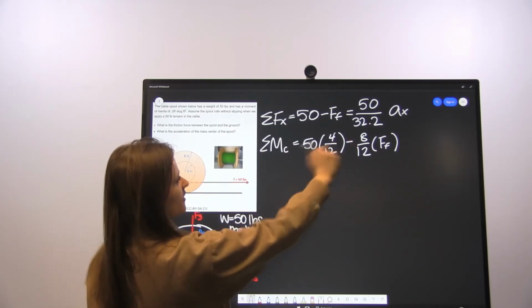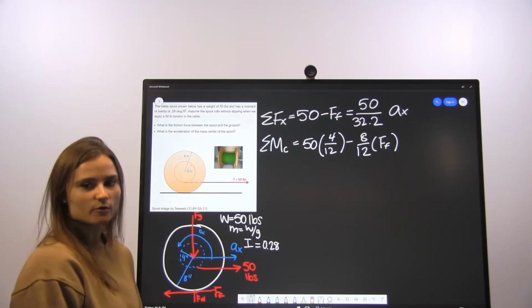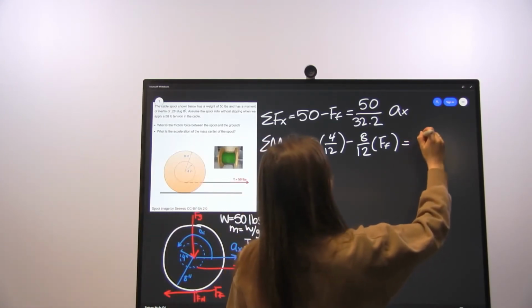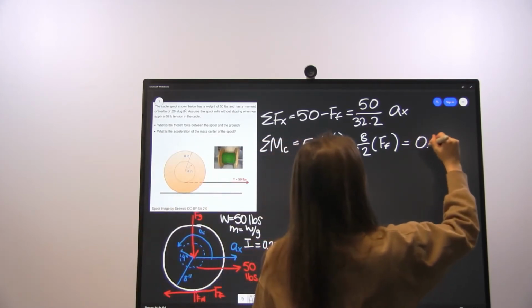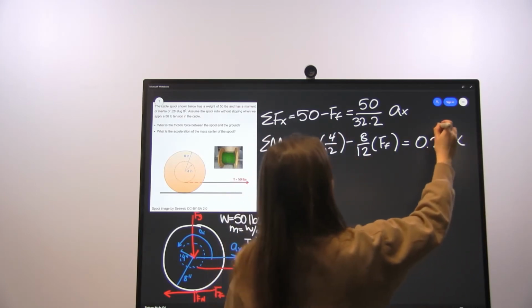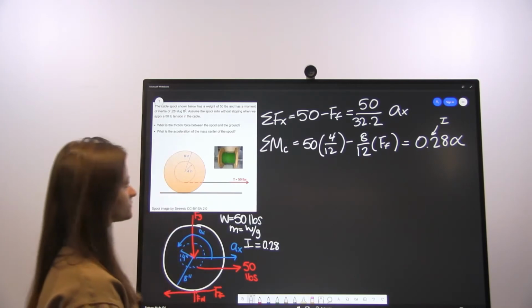So that's 8/12 of a foot, because it's the 8 inches of the whole spool. And that is equal to our I value, 0.28, times angular acceleration.